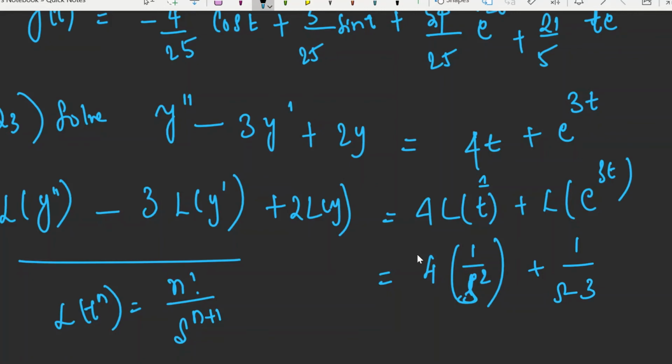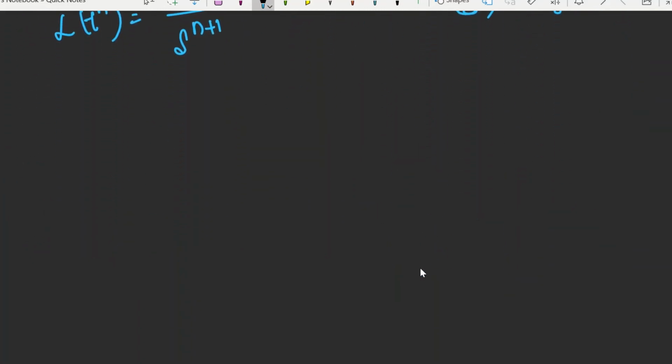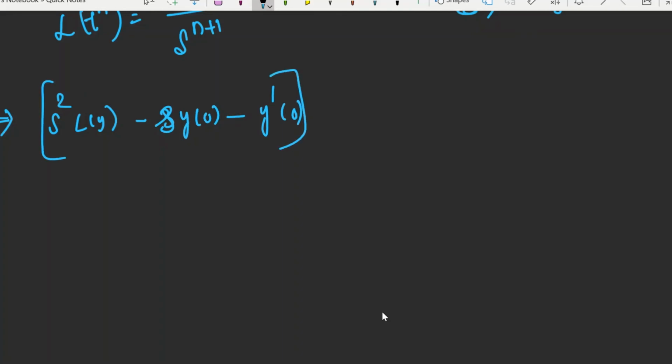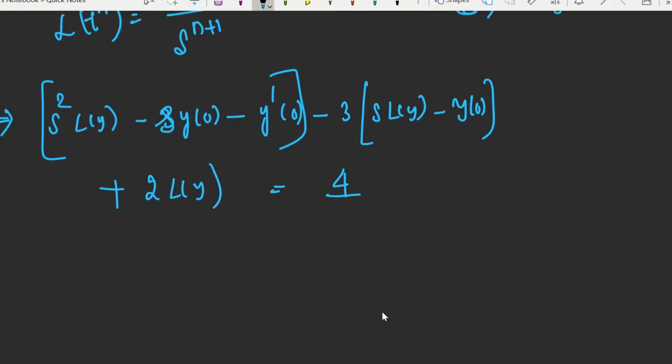So as usual we have to solve the problem. Now I am going to give the solution for this. So s square L of y minus s y of 0 minus y dash of 0, minus 3 into L of y minus y of 0, plus 2 times L of y equals 4 by s square plus 1 by s minus 3.